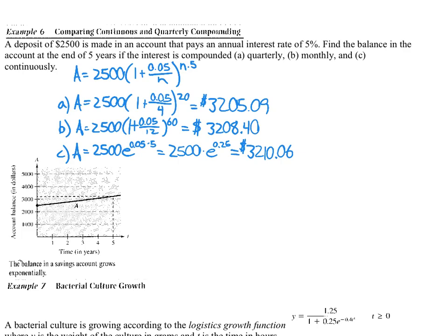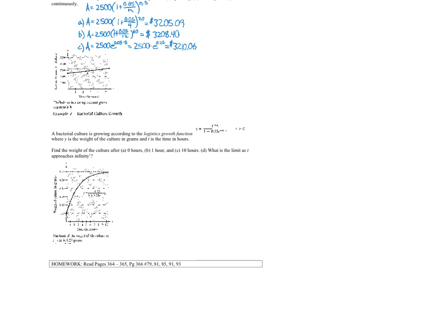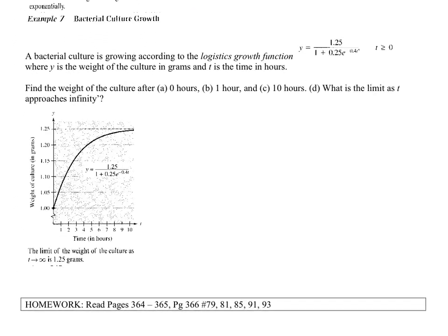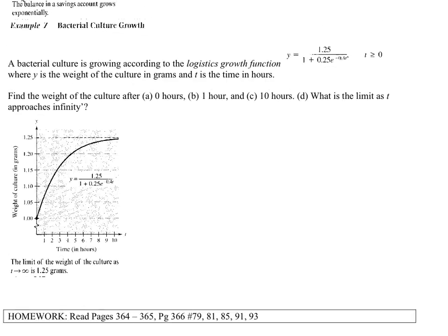Okay? Now, another example here, we have this logistic growth model with bacteria. Now, if you remember the logistic model from last year, this is often used in things like disease or when you're filling something up.